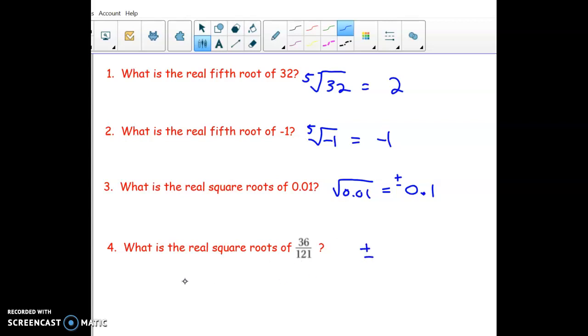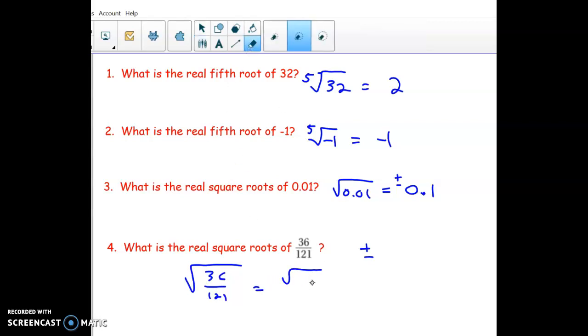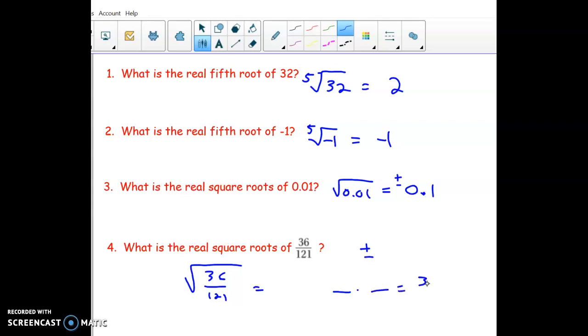Plus minus. And interestingly, if there's a fraction like this, you can break it into two parts. Actually, let's not do that. Let's just think like we've done before with the square roots. So the way I always think of it is, here we have a fraction times a fraction that we want to get 36 over 121.